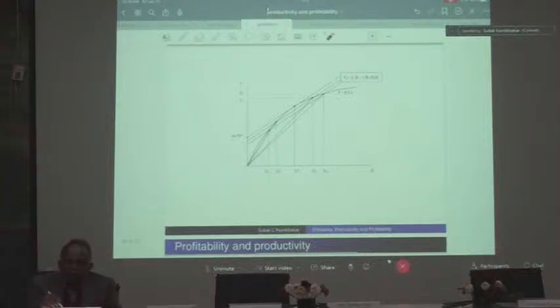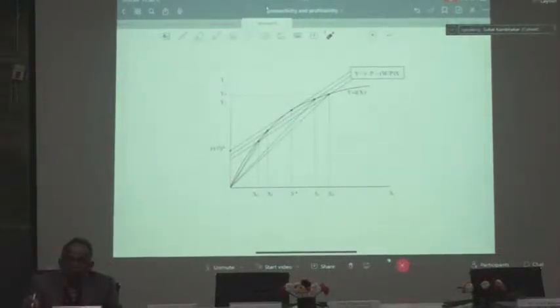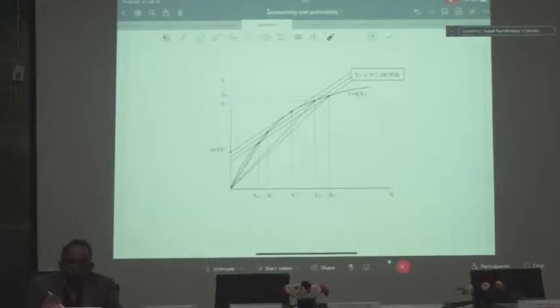And then I have several points like x little a, x little b, and so on. There are 4 or 5 different values of x. For each of these, you can draw these lines to indicate their productivity, or average productivity, right? The slope of that line is going to be average productivity.